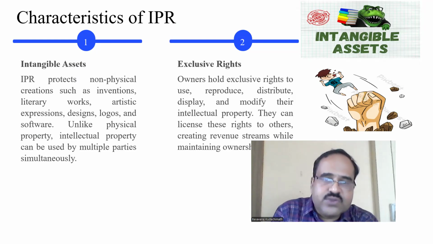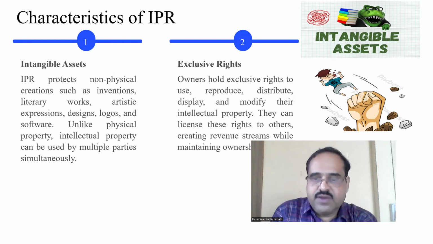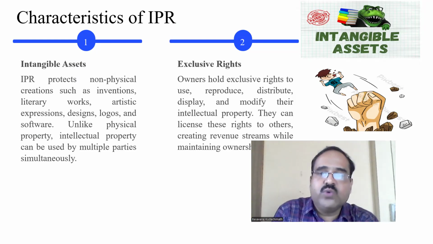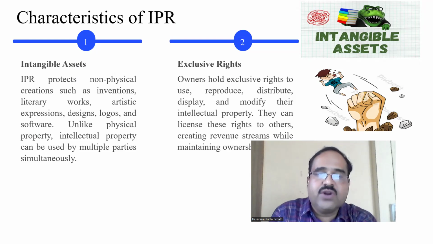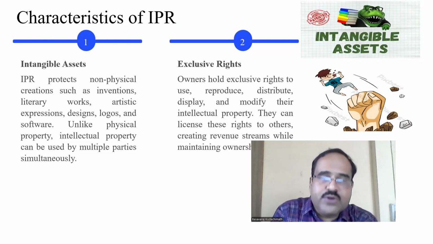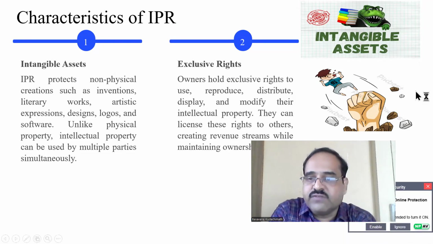They themselves can use it, distribute it, display it, and modify their intellectual property. A third party cannot distribute, display, modify, or reproduce the owner's innovations without their knowledge, without giving them a reward, or without taking permission from them.